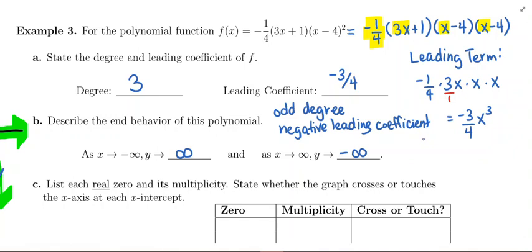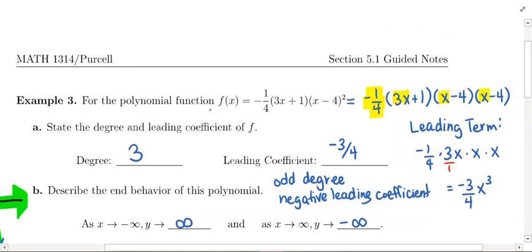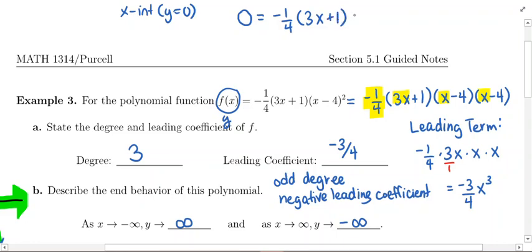Well, for x-intercepts, and this is just in general, not just for quadratics, to solve for an x-intercept, which is a zero, you need to set y equal to 0. Remember, f of x is y. So to solve for the zeros here, you need to set f of x, or y, equal to 0. And I'm going to use the broken down form here. I'm just writing this all out.